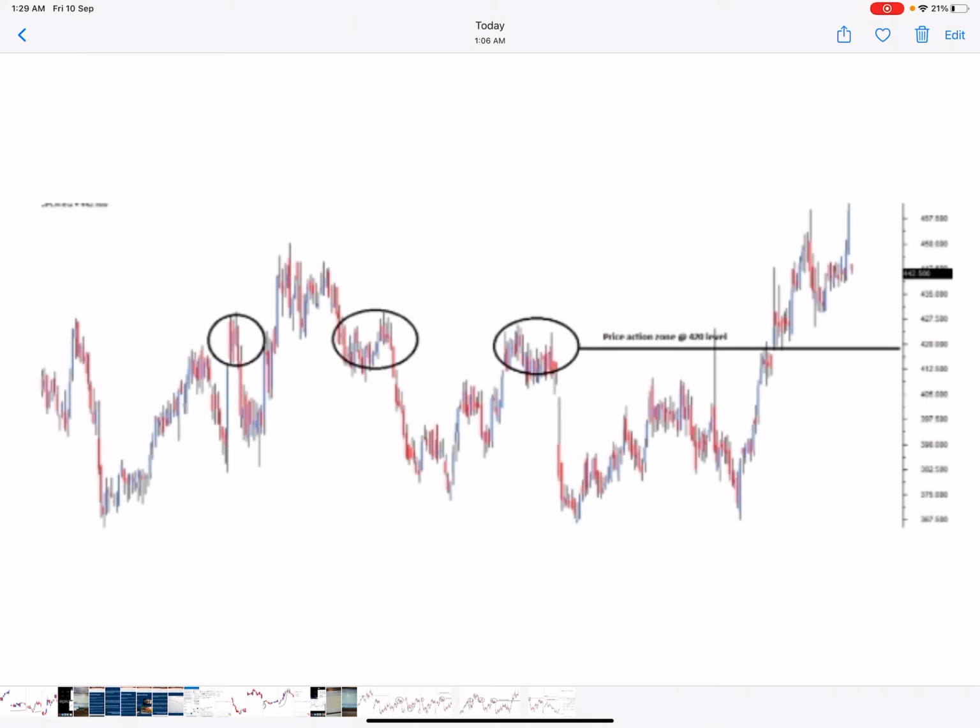The fifth highlights the current market price of Cipla, 442.5. In this chart, all the four price action zones are around the same price point, that is rupees 429. Clearly, the horizontal line is below the current market price of 442.5, making 429 an immediate support price for Cipla.